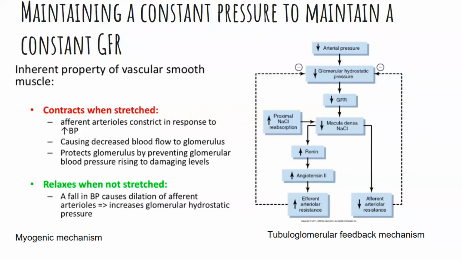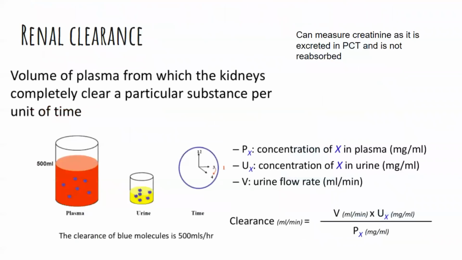This then leads to release of renin. Renin will release angiotensin II. Eventually, it will cause an increase in angiotensin II. And this changes the resistance of the efferent arteriole. So by increasing the resistance of the efferent arteriole, that will then increase the GFR. And this is known as the tubulo-glomerular feedback mechanism. Probably not really that important for exams, but again, good to know.